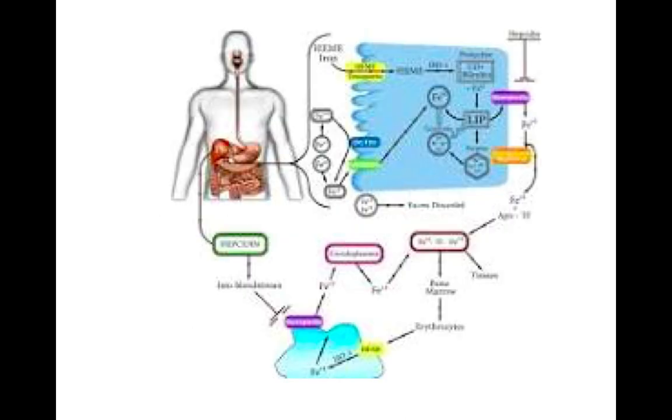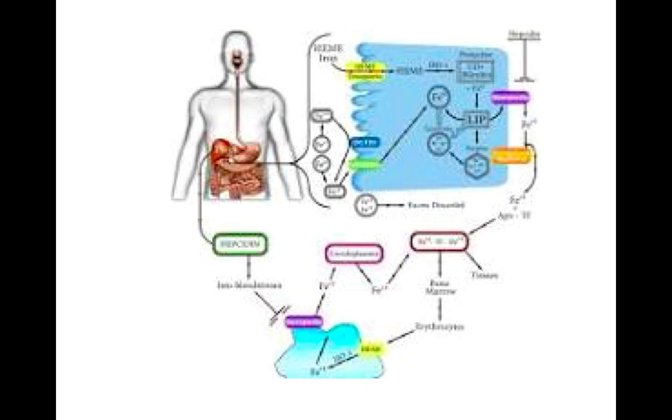This is the picture showing the pathway of iron absorption and its storage. Iron is absorbed from the gut. From the gut, 10% of the iron that is taken in the diet is absorbed and bound to transferrin. From there it reaches the liver and other organs like the bone marrow, where the iron is utilized for erythropoiesis, for hemoglobin synthesis.